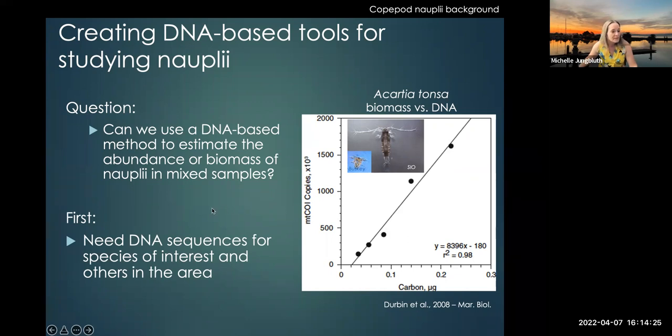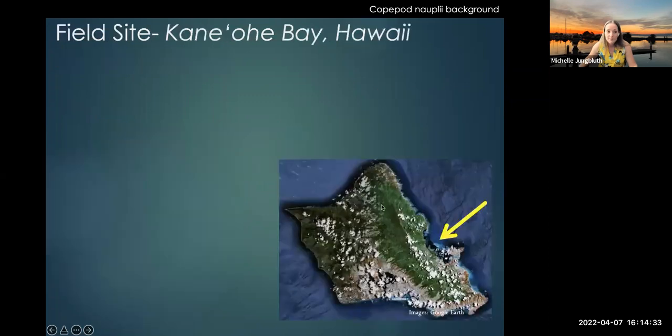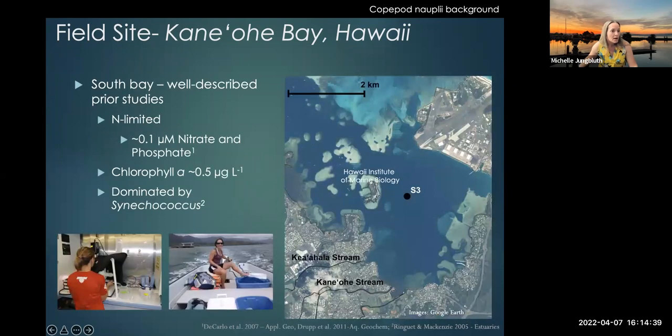But first I needed to characterize what species were there and figure out their DNA sequences. So the field site for my work was Kaneohe Bay, Hawaii, on the east side of Oahu. The southern part of Kaneohe Bay is relatively well described from prior studies because of its closeness to the Hawaii Institute of Marine Biology, a marine lab that's part of UH Manoa.